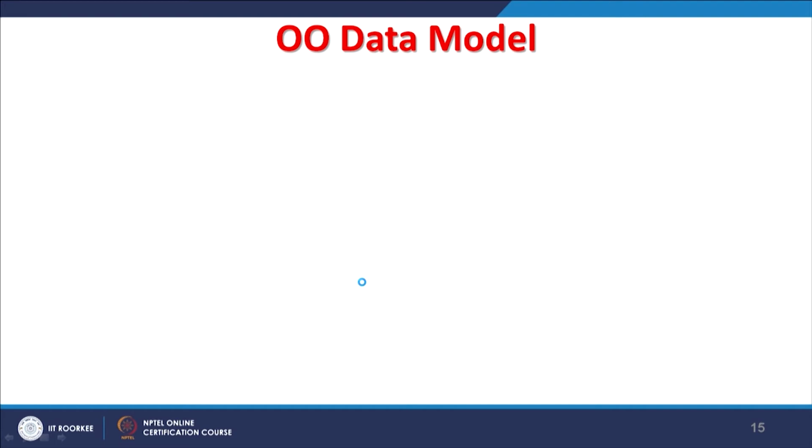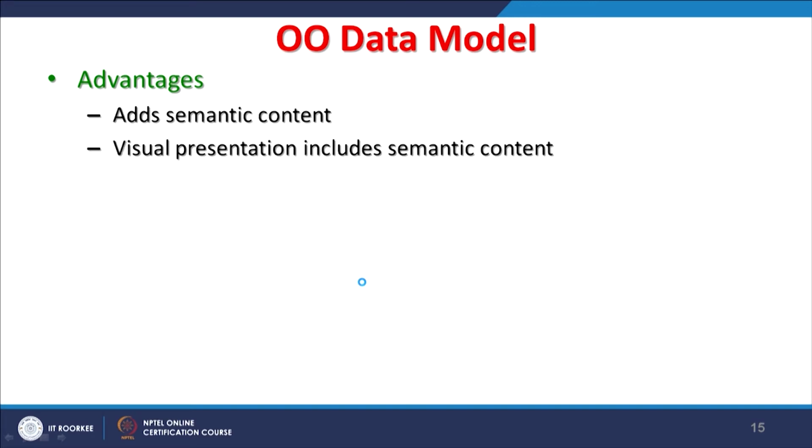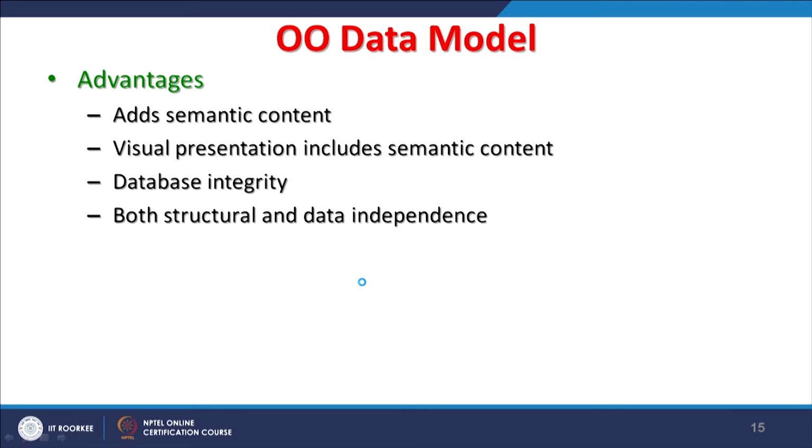The advantages of this object oriented database model are that it adds semantic content, and visual representation includes semantic content, and database integrity is quite high. Both structural and data independence are also there, which is not common in the previously discussed database models.